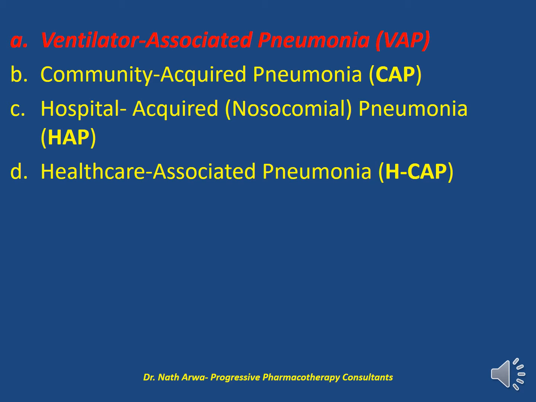This is not HCAP. HCAP is no longer a term recognized by the IDSA and the American Thoracic Society. In past guidelines, a VAP diagnosis took precedence over HCAP when the pneumonia developed more than 48 hours after mechanical ventilation. So let's move to the next question.